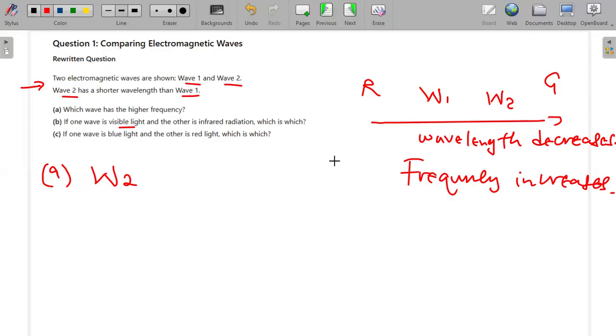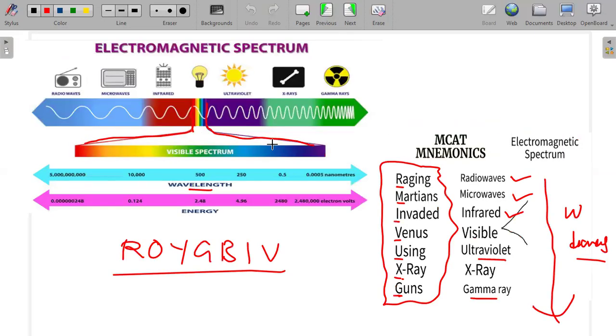This is what I was talking about. You need to know the electromagnetic spectrum. I was just showing you here. You can see that the infrared comes before the visible light.